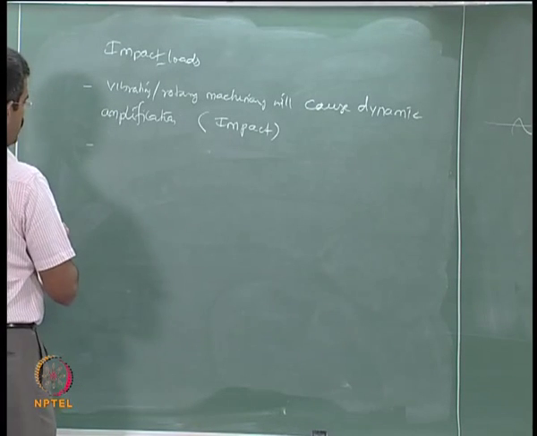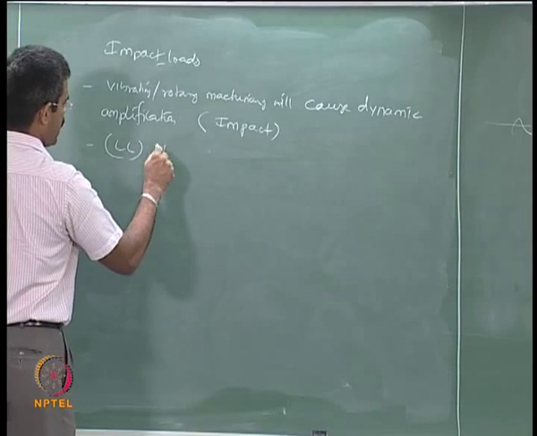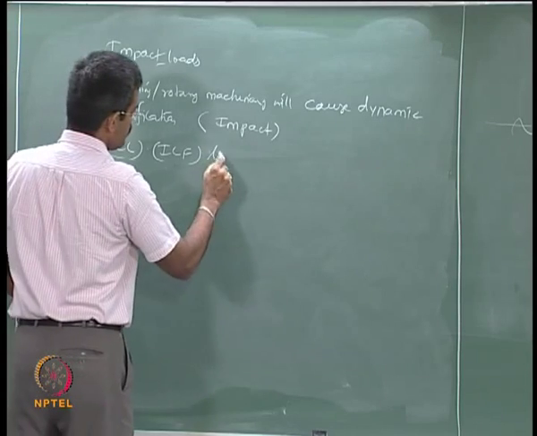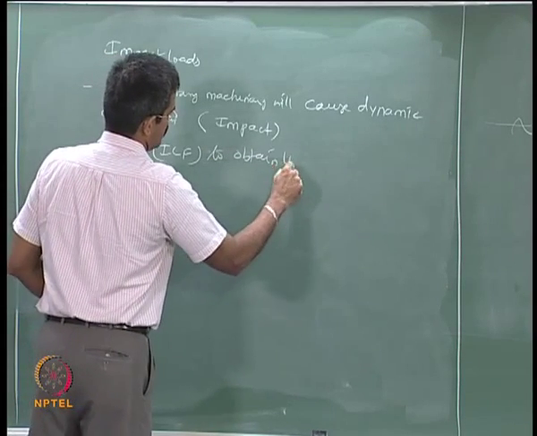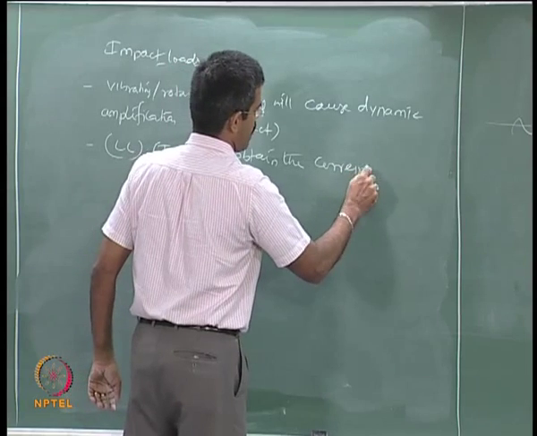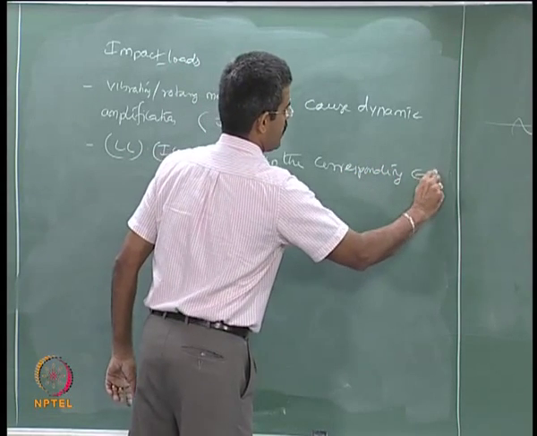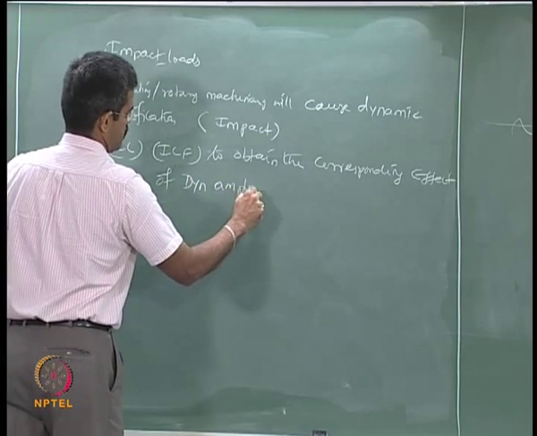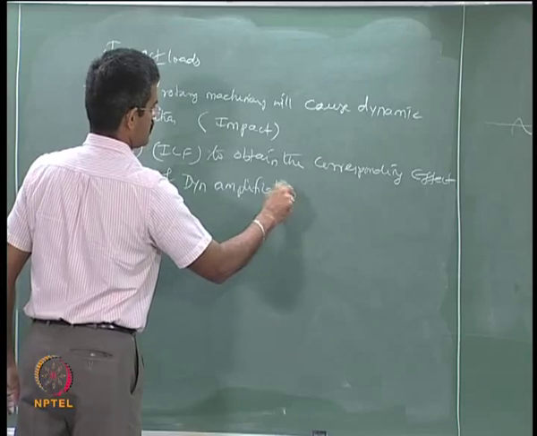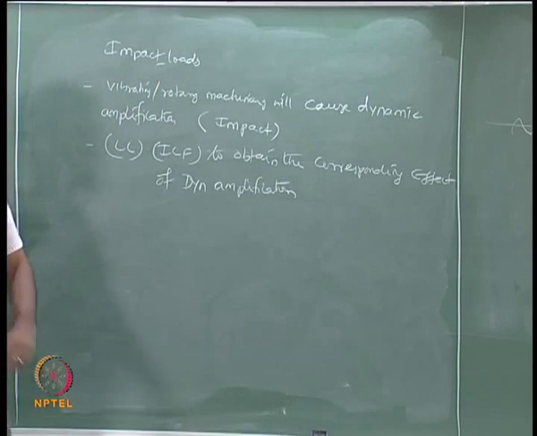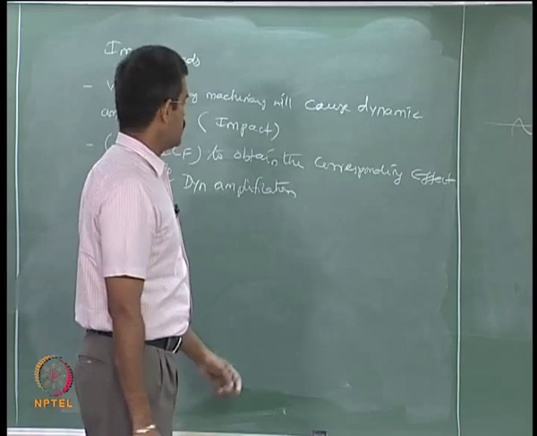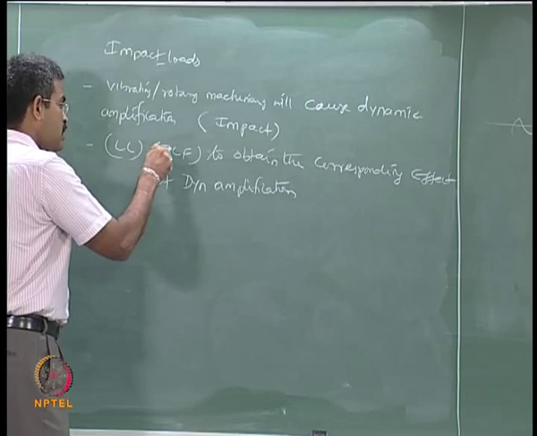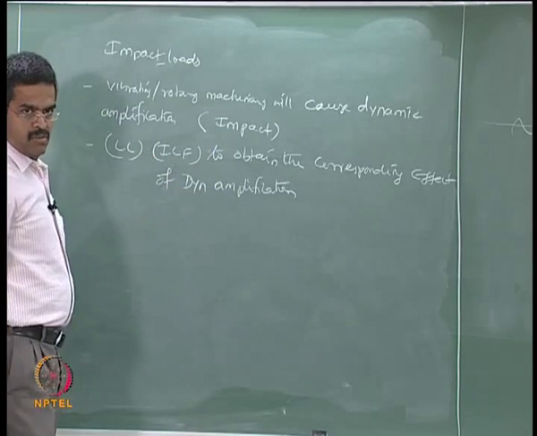Therefore, live loads are multiplied by an impact load factor to get the corresponding effect of dynamic amplification. You understand this? Just to get the amplification of the dynamic effect on the members, we multiply the live loads with some impact factors. That is why I call these impact factors on the live loads. Okay.